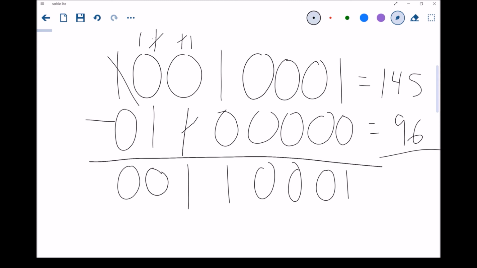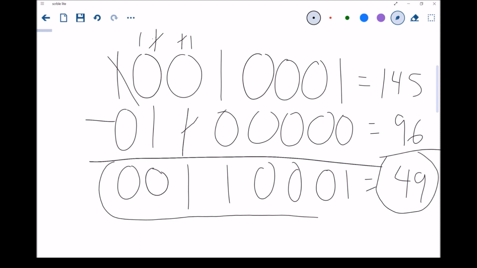And then let's just figure out our third number right away. So 0, 0, 1, 1, 0, 0, 0, 1 equals 49. And of course, if we do the math and take 145 minus 96, we get 49. So we know that our math is correct.